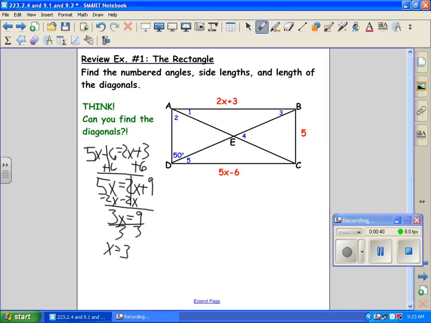And then when you plug it in at the top, you do 2 times 3 plus 3, which is going to come out to 9. And then on the bottom, you're going to do 5 times 3 minus 6, which comes out to 9. And then we did the angles.